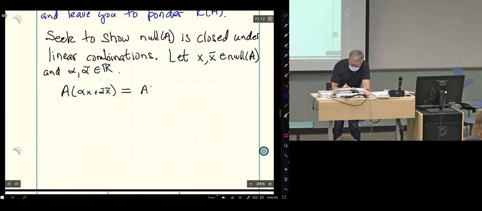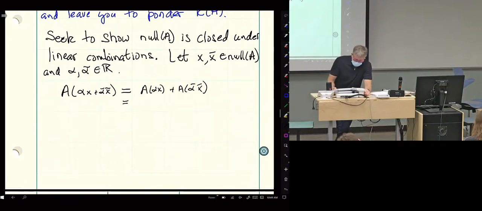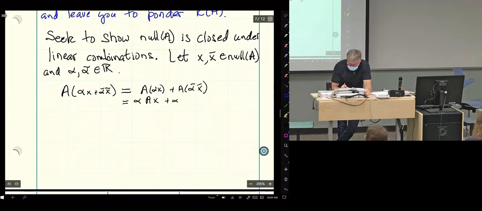Well, that's A times alpha X plus A times alpha bar X bar, because a matrix applied to a sum of two vectors is the sum of the matrix applied to the two vectors. And then that scalar can come out in front. That's alpha A times X, then alpha bar A times X bar.